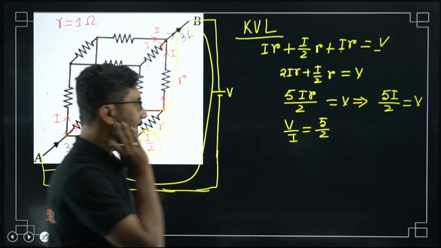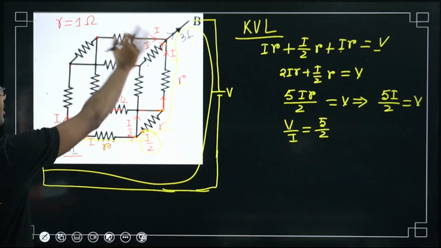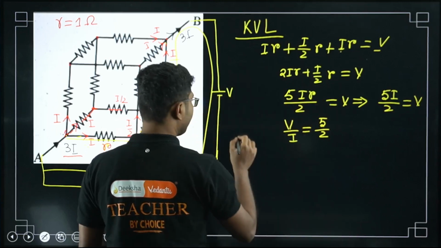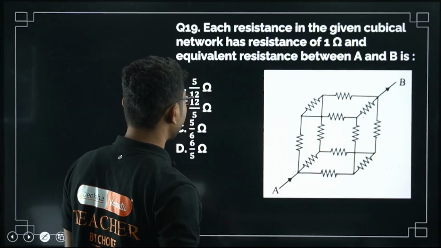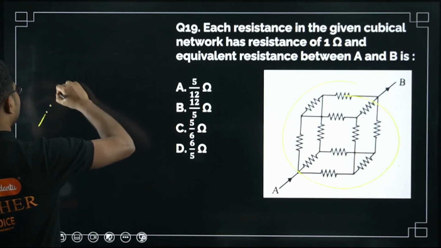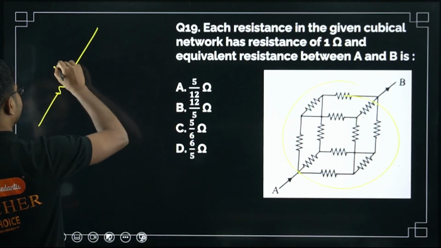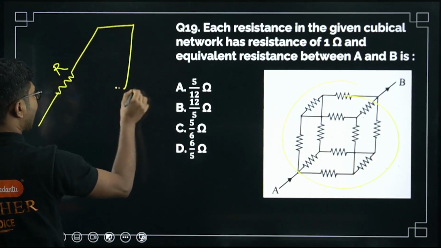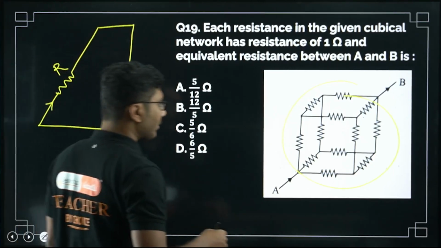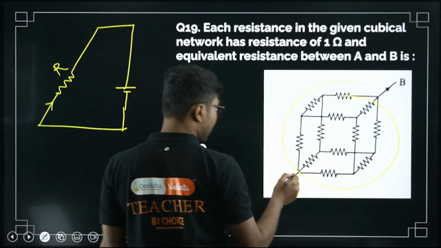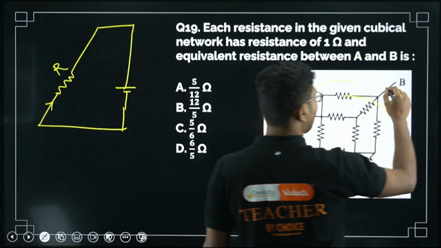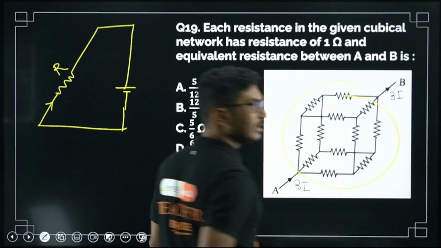Now remember that. If we replace this entire jumbled up circuit with a single resistance, which we call the equivalent resistance, such that we have only one resistance and the battery as it was in the previous case, then we assume the current through this is 3I, and the current coming out is also 3I, right?